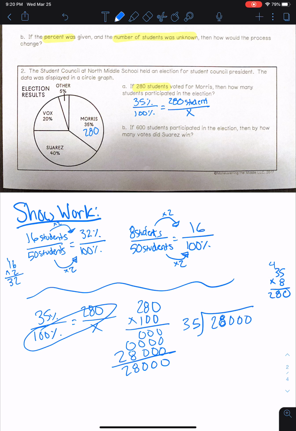Oh, perfect. So 35 goes into 280 8 times. And then I can just fill in the rest with zeros. So my total number of students that took the survey is going to be 800 students.